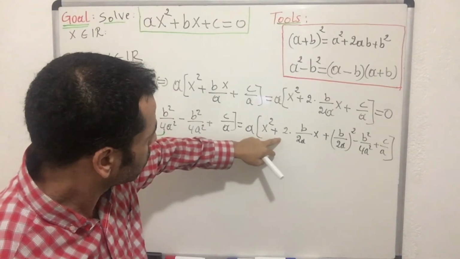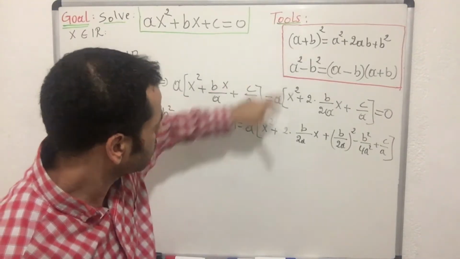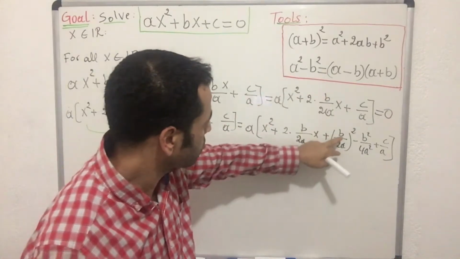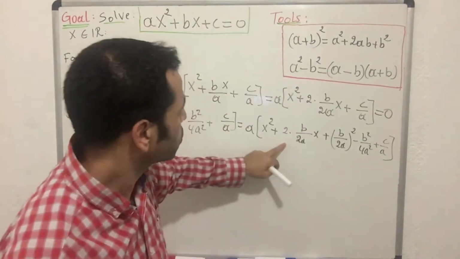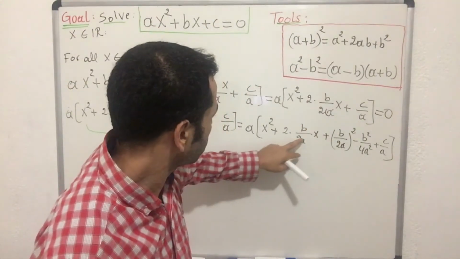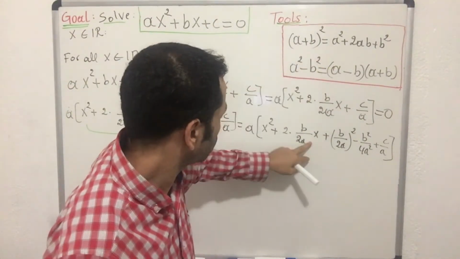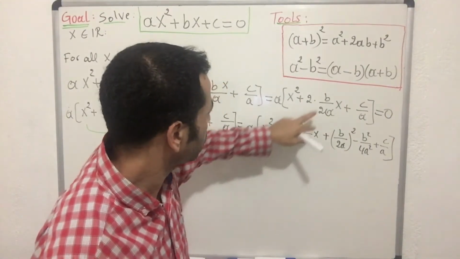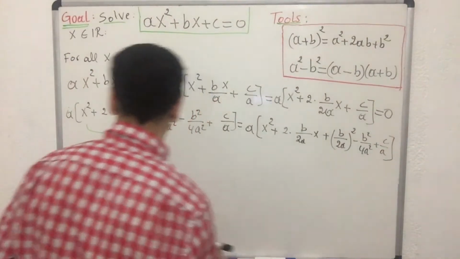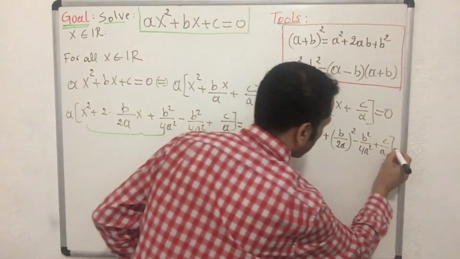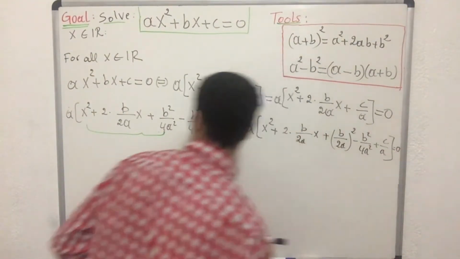As you see here, a is x and b is b over 2a. The middle term is 2 times a, which is x, times b, which is b over 2a, okay. So this one is always equal to 0, okay.